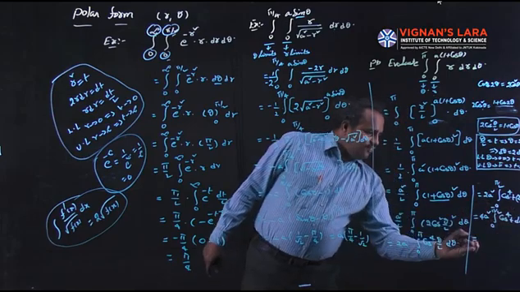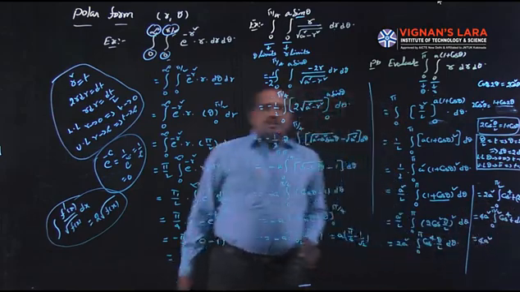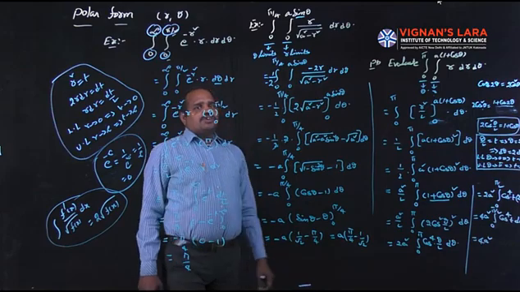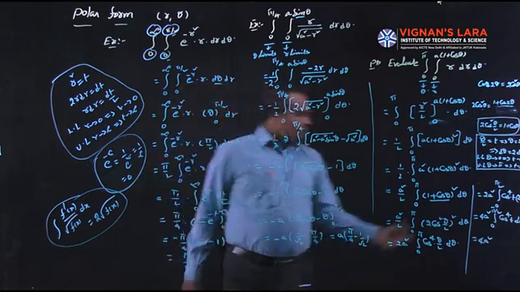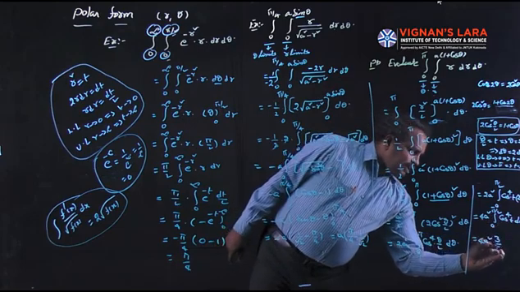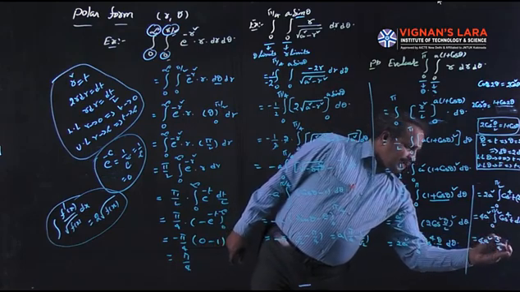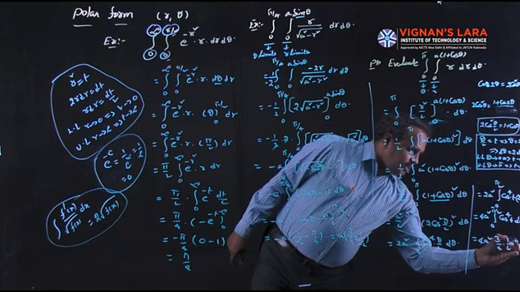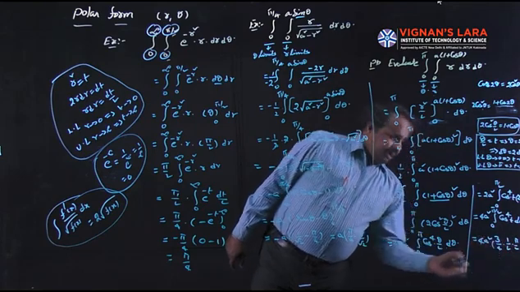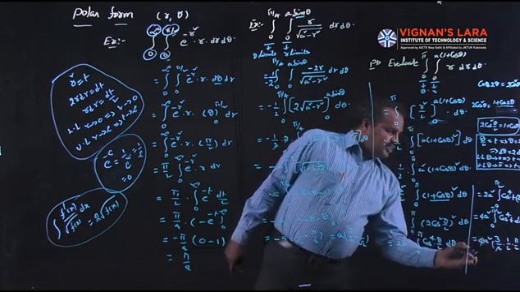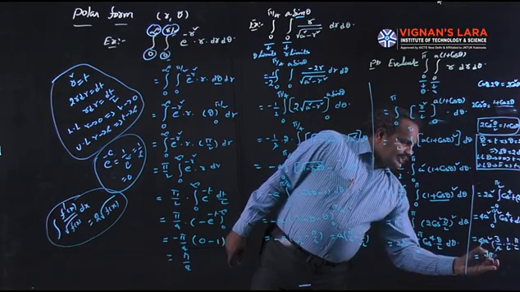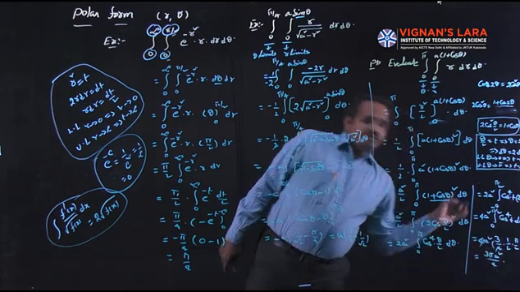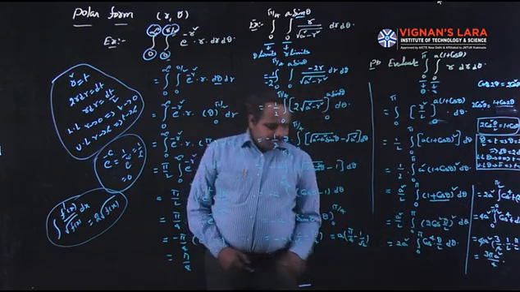So here we have formula. What is the formula? Integral 0 to pi by 2 cos power m theta d theta formula is m minus 1 by m. So m minus 1 by m means 3 by 4. Again reduce. M minus 3 means 1 by 2. If you are getting 1 by 2, this value is pi by 2. 4 getting cancelled. So what is the value of this one? 3 pi a square by 4, which is the answer of this problem.